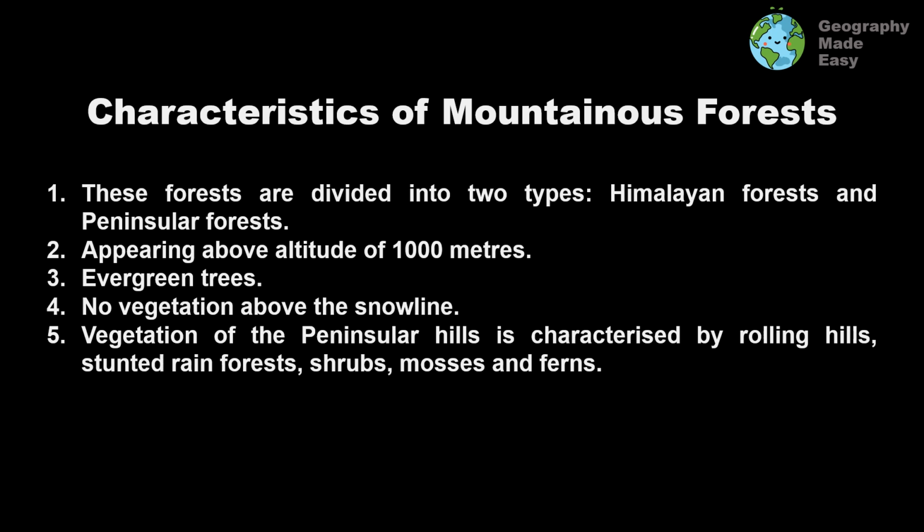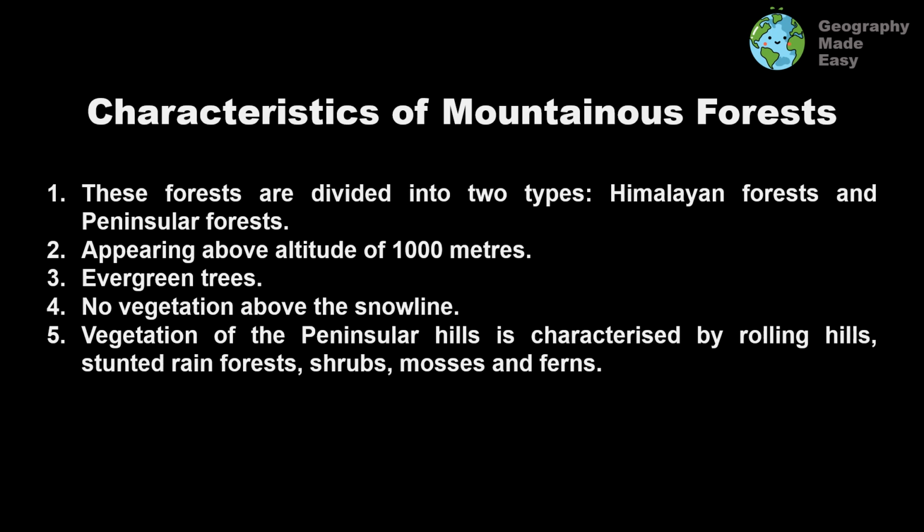Characteristics of the mountain forests are they are divided into two types broadly, the Himalayan forests and the peninsular forests. The Himalayan forests all lie above 1000 meters, but then we have different divisions. The foothills have mountains which have vegetation lying over 1000 to 2000 meters with oak, chestnut, sal, these type of plants there.